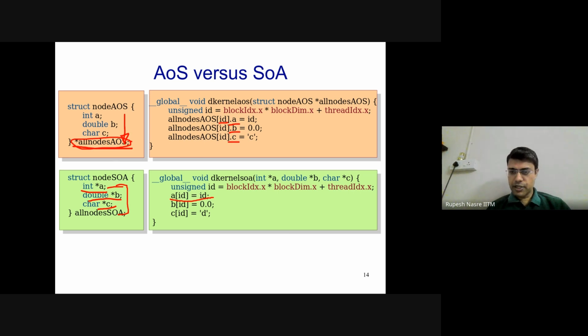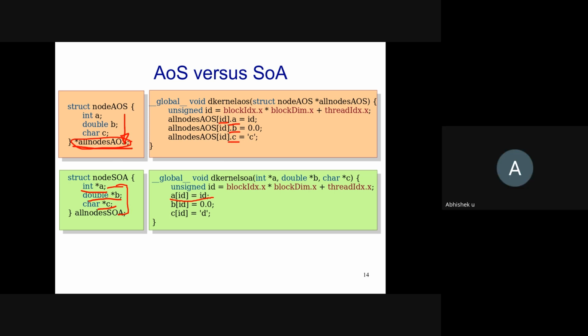Abhishek asks, will non-coalesced accesses contribute to warp divergence? You tell me where the warp divergence is in this particular code. If you move from AOS to SOA, that is fine.